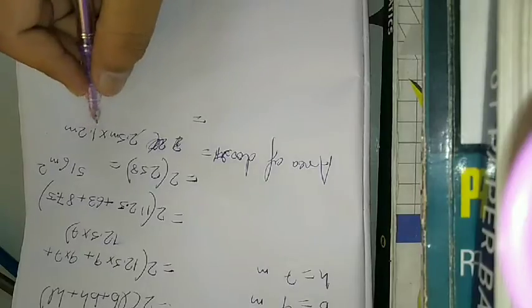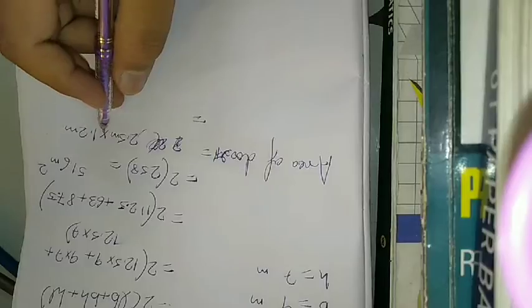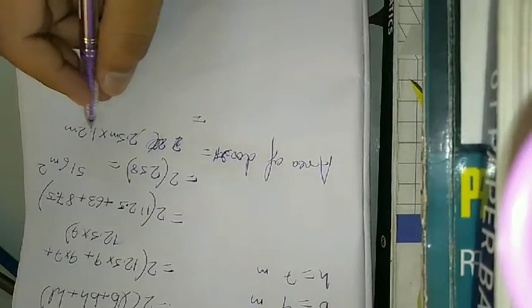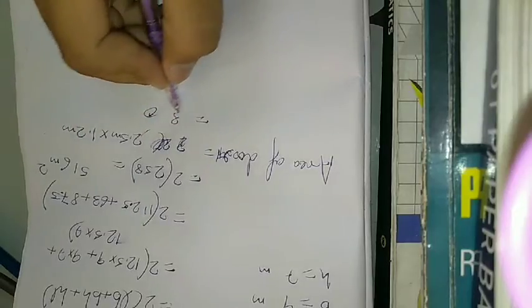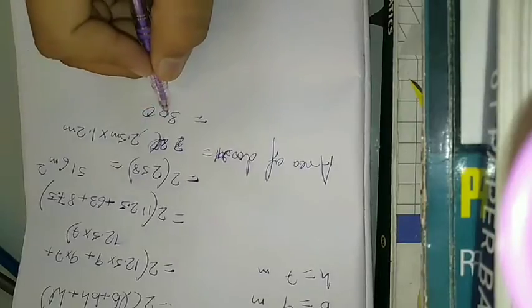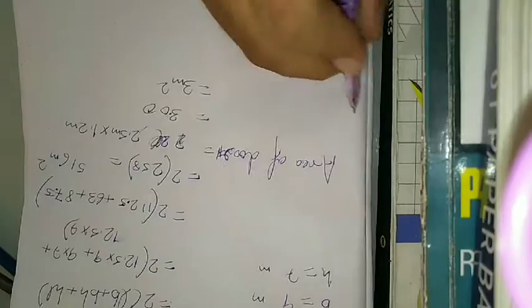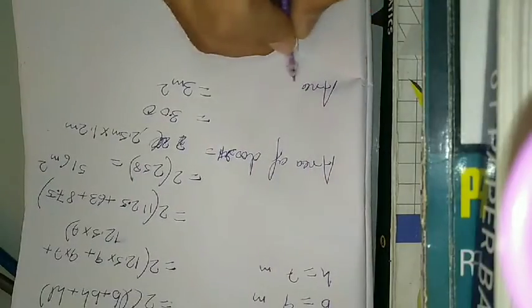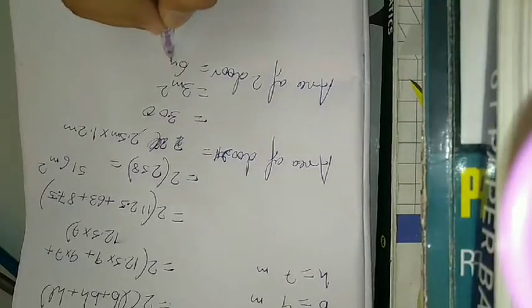So what we will do is 12 into 25, and then we will adjust the decimals. 12 times 5 is 60, 0 carry 6, 12 times 2 is 24 and 6 is 30. After decimal 1 digit, after decimal 1 digit, so total 2 digits will be there after decimal. So the value is 3 meter square. Area of one door is 3 meter square. How many doors are there? 2 doors. Area of 2 doors is equal to 6 meter square.